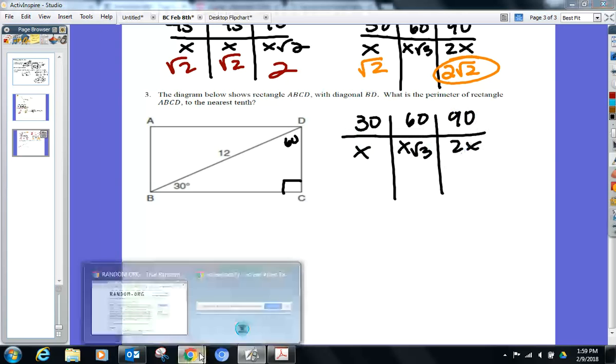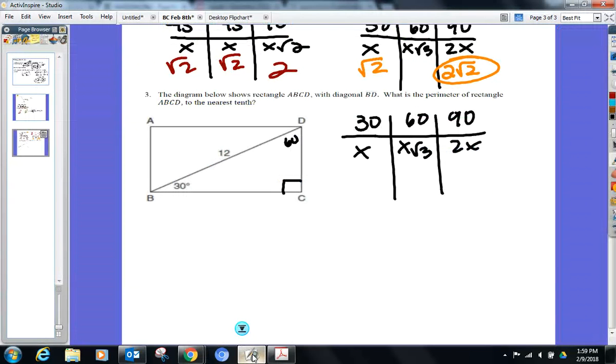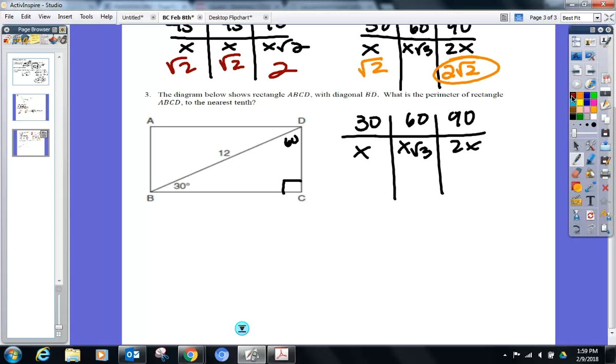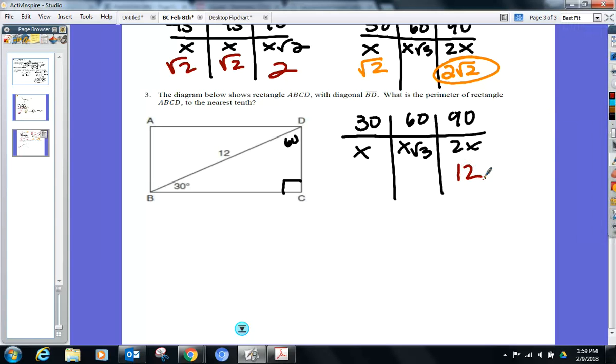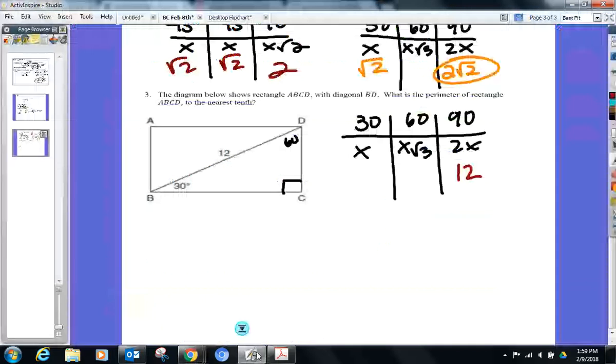Where's that 12 going? Under the 90. Yep. And you do have to find both the side across from 30 and 60 because it's asking for perimeter. So anybody want to help me out? The side across from 30 and 60? The side across from 30 is 6.